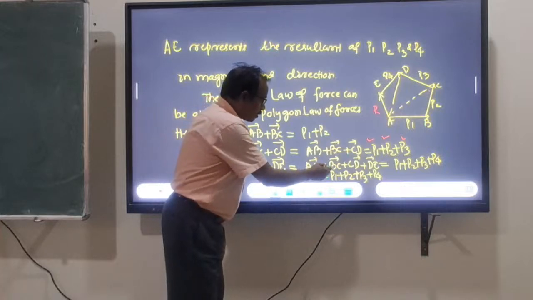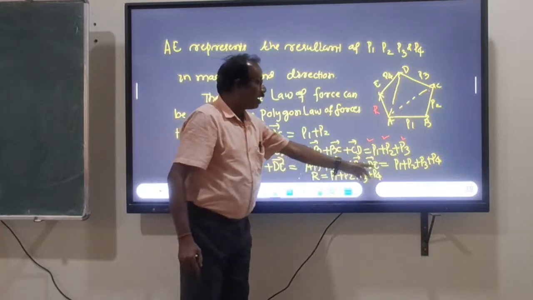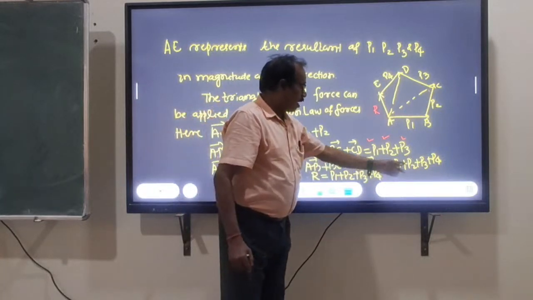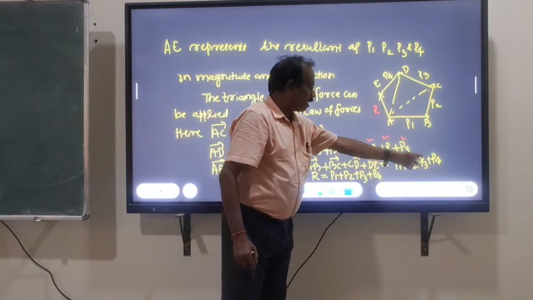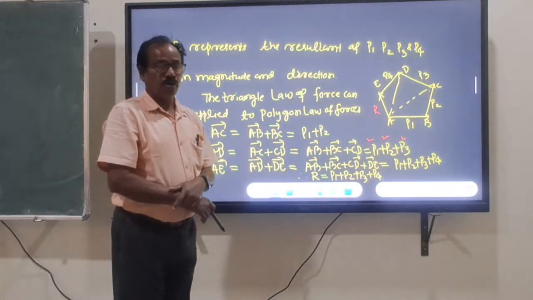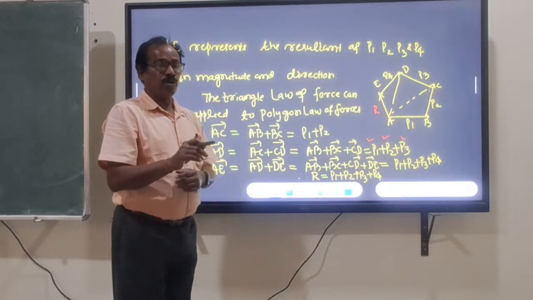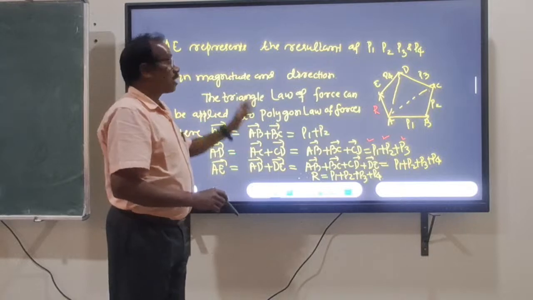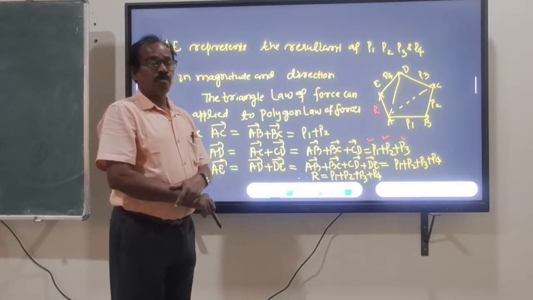Therefore AE is equal to AB plus BC plus CD plus DE, that is P1 plus P2 plus P3 plus P4. Therefore R is equal to P1 plus P2 plus P3 plus P4. This is the derivation of polygon law of forces.